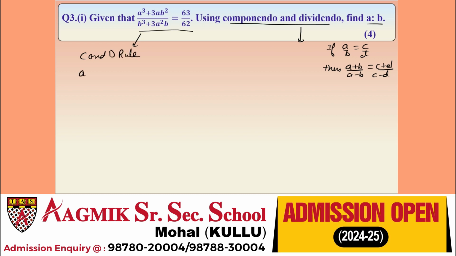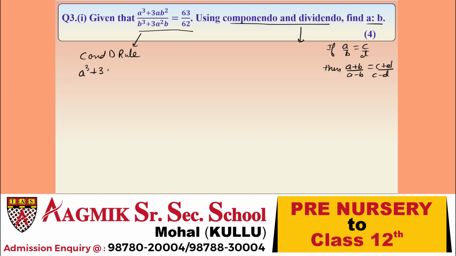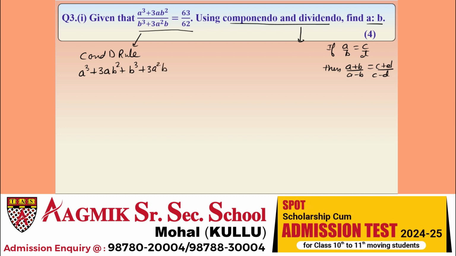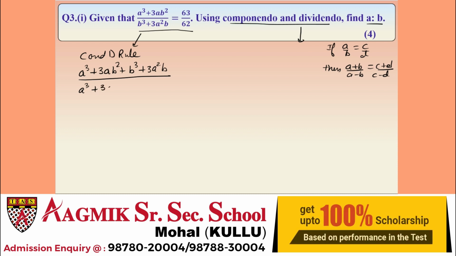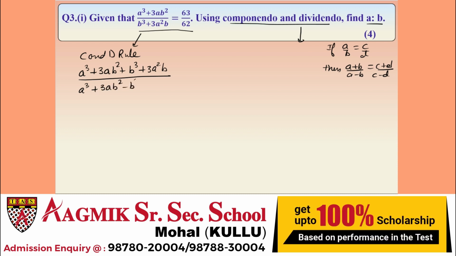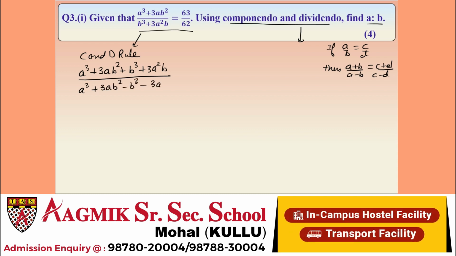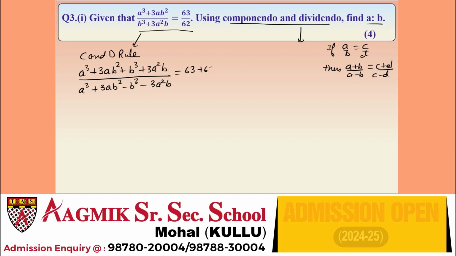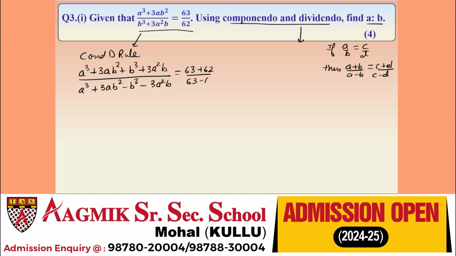Let us take numerator plus denominator, a³ + 3ab² + b³ + 3a²b, divided by numerator minus denominator, a³ + 3ab² − b³ − 3a²b. This will be equal to again (63 + 62) over (63 − 62).